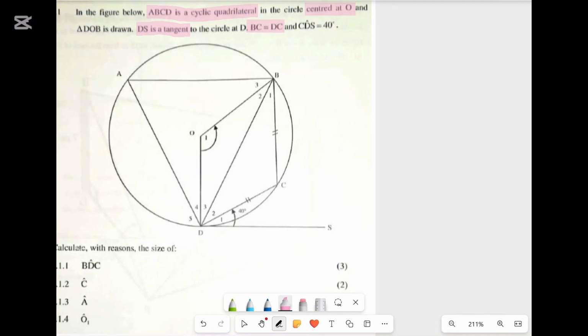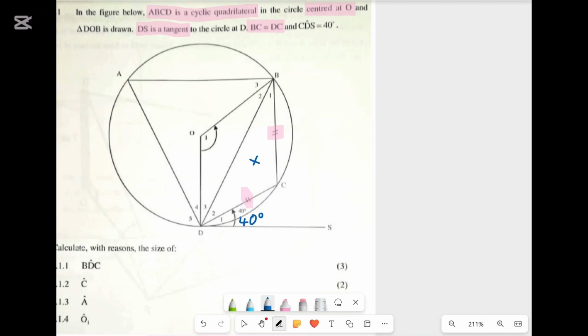So here, these two chords are equal. So you can see that now we have an isosceles triangle, which is BCD. Angle CDS is equal to 40 degrees. So this angle here is equal to 40 degrees.